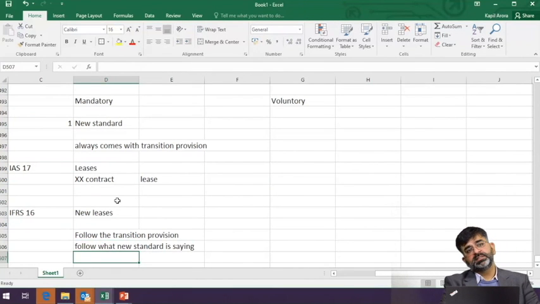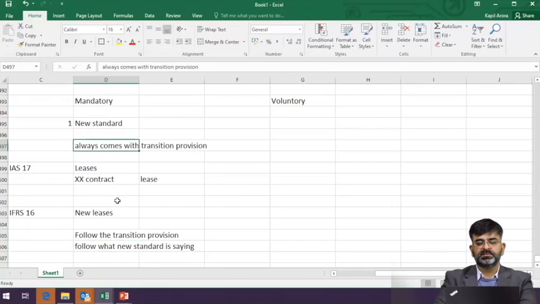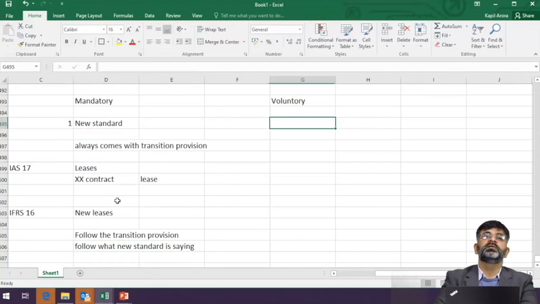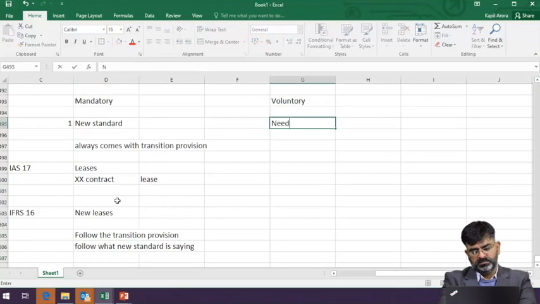That applies whenever there is a mandatory change. But whenever there is a voluntary change, what do you need to do? You need to follow retrospectively the impact.